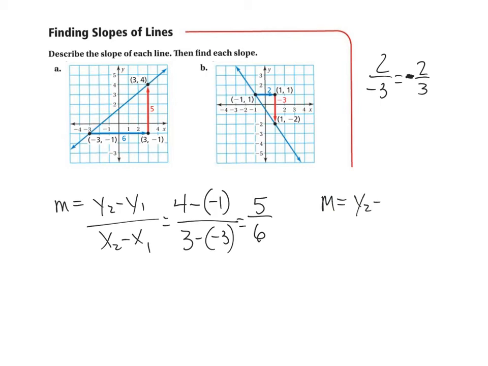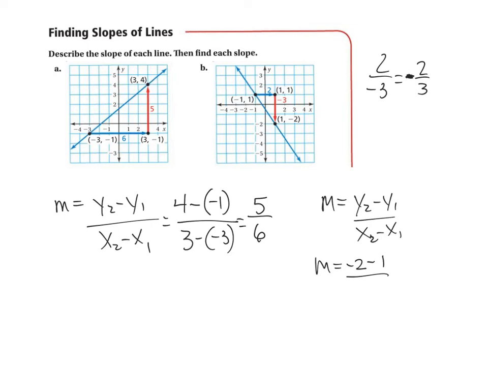Slope equals y2 minus y1 over x2 minus x1, where y2 is, I almost get confused with their lines. Y2, we'll use the top one first. Actually, we'll use the bottom first. So -2 minus, just to show you we can, 1 over, so I chose these to be my 2's.